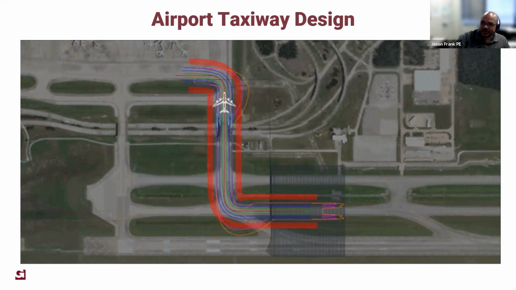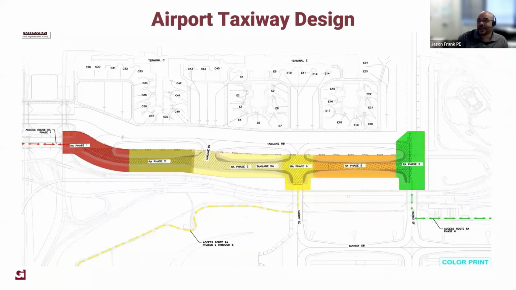Some of the things we do with these simulations is lay out our phase areas during construction. We want to make sure we are meeting the standards for aircraft to pass by us while the contractor is working, to keep everybody safe. We've laid out the phase areas along the taxiway object free line.